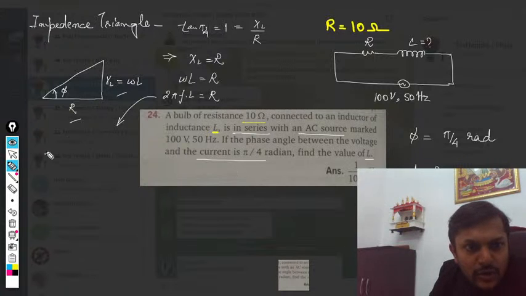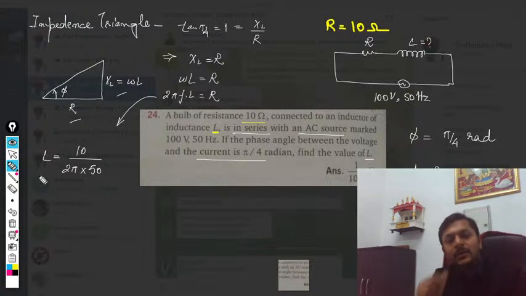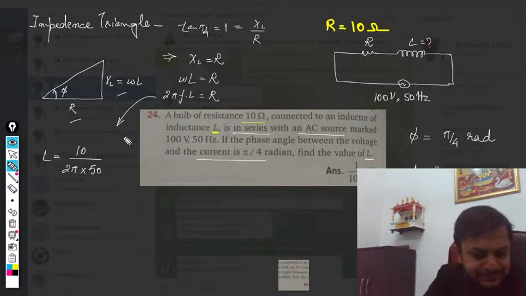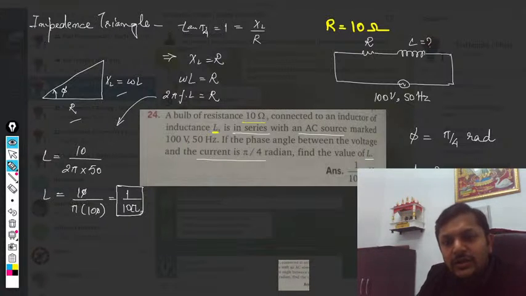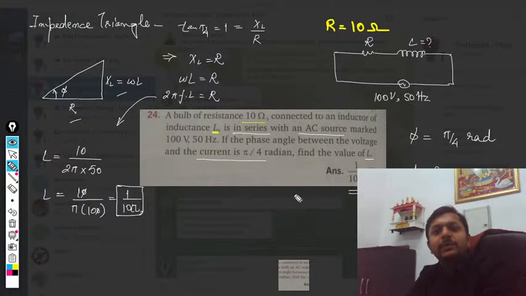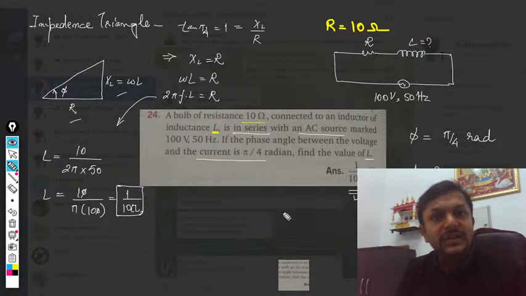L. तो L की वैल्यू आएगी R10 डिवाइडेड बाय 2 into pi into f. फ्रीक्वेंसी हर्ट्स में होनी चाहिए, 50 हर्ट्स। तो ये आ गया मेरे पास 10 डिवाइडेड बाय पाई इंटू 100, ओके, दिस इज L. सो L इज इक्वल टू 1 डिवाइडेड बाय 10 पाई हेनरी.